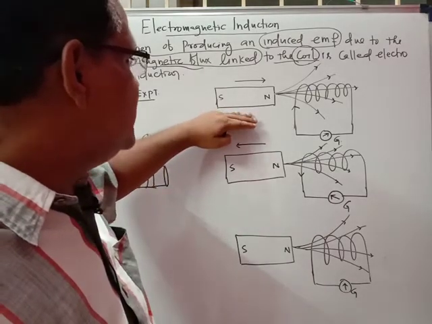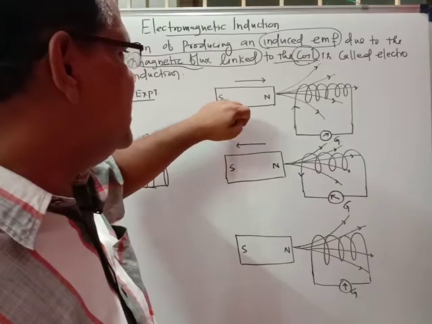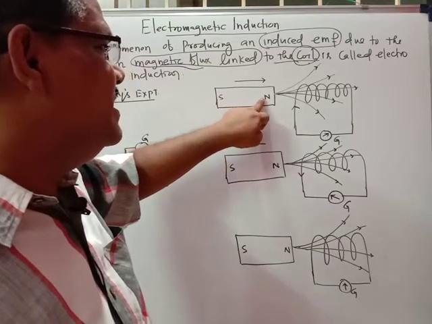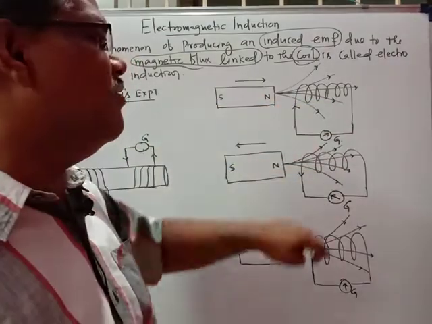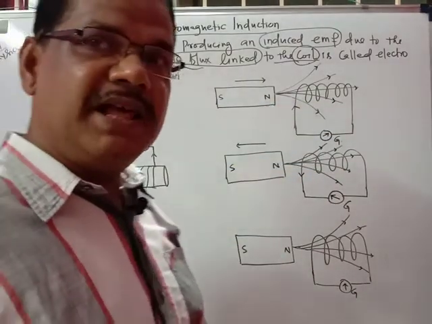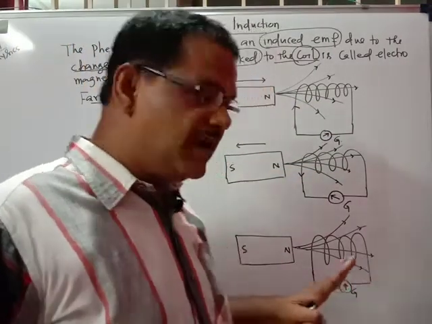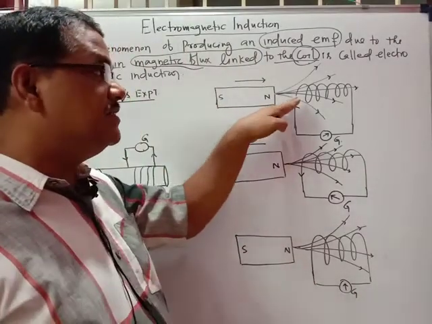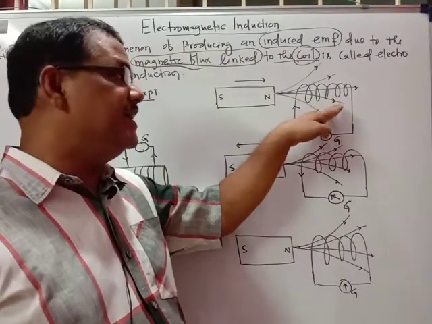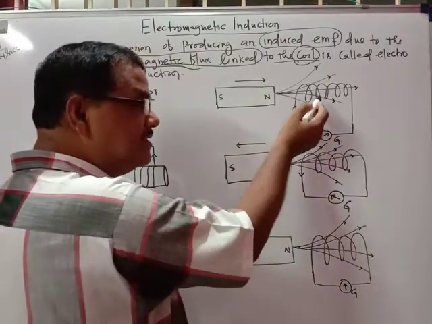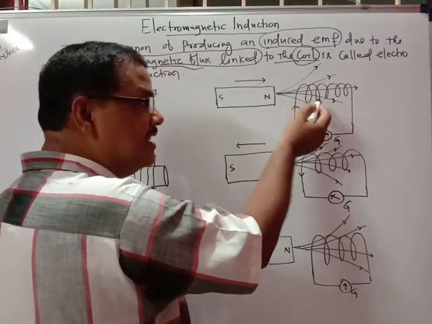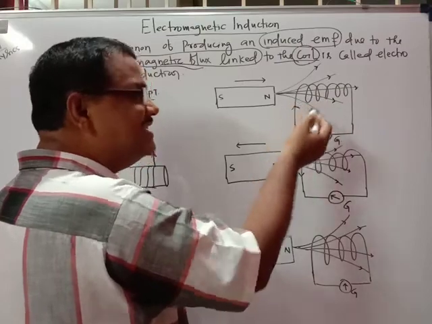What happens if the north pole of the bar magnet is suddenly taken towards the coil? Magnetic flux will of course link to the coil, but here the change in magnetic flux links to the coil. Change in magnetic flux means the coil is linked by increasing magnetic flux.